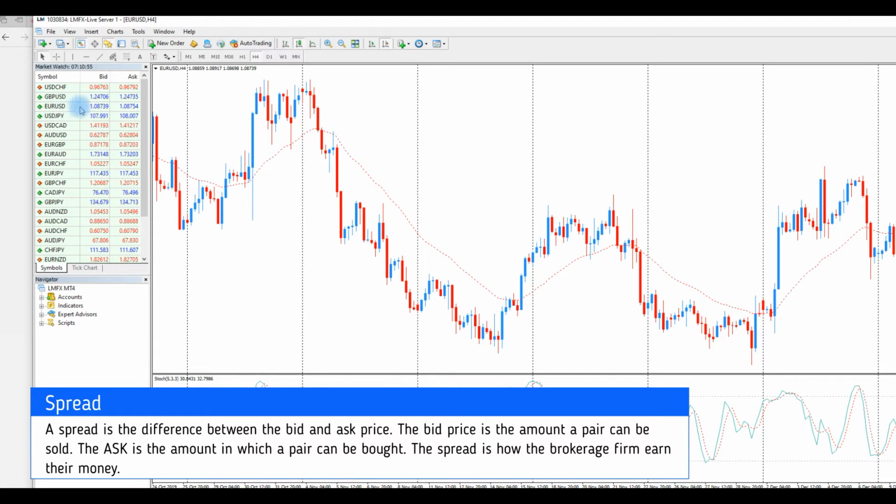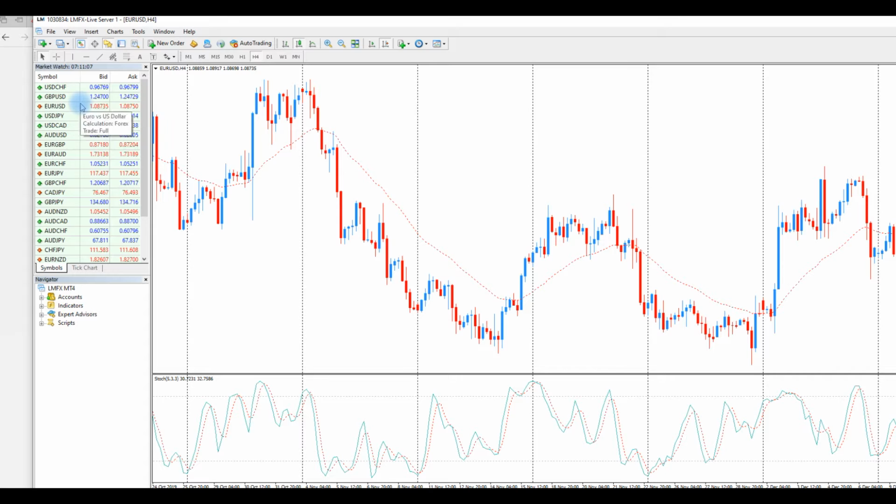Now, the reason why there are two prices here is because if you wanted to come in here and place a trade, let's say that you thought the euro will advance over the dollar, and the chart will move up, or price will move up.